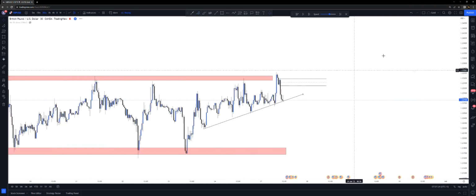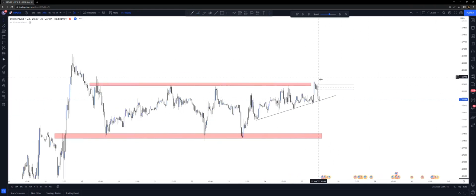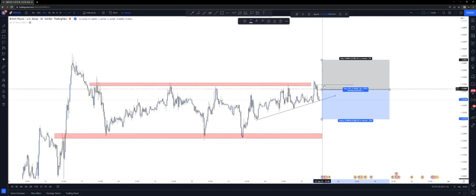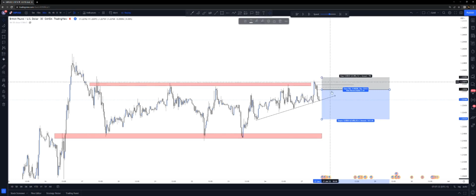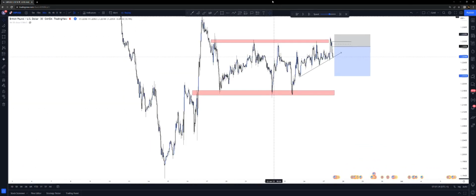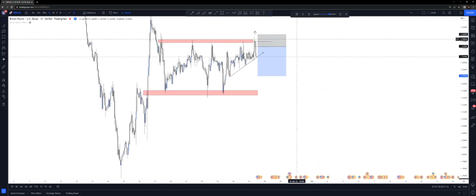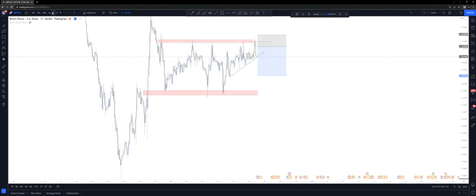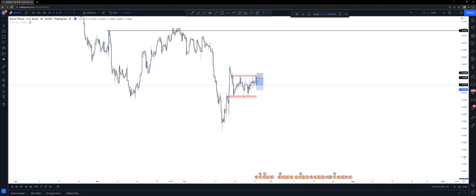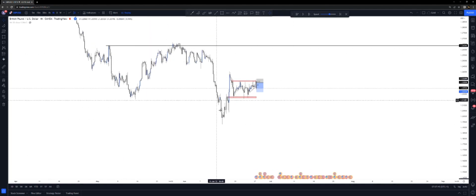Now for our targets and stop loss, let's go for our sell. That's the stop loss. Then for targets, same approach we used for this whole move to the downside, I'll be using the same approach right here.